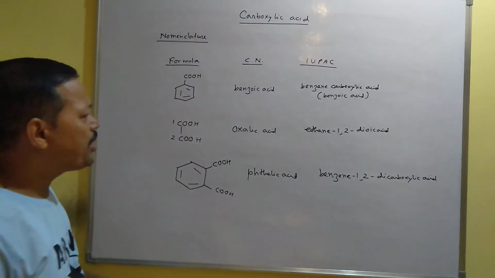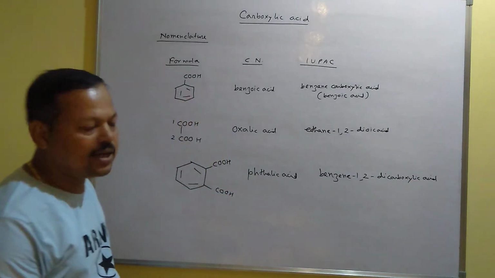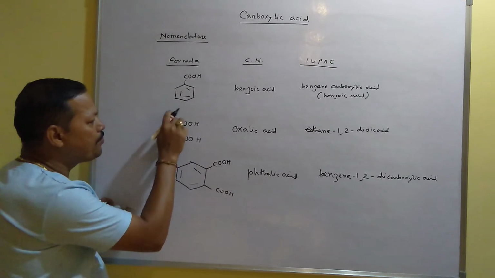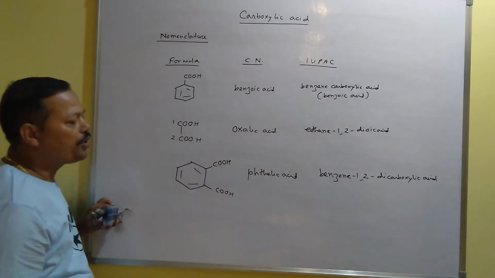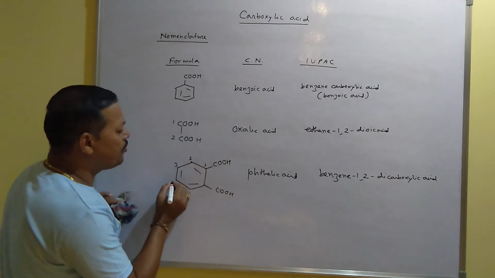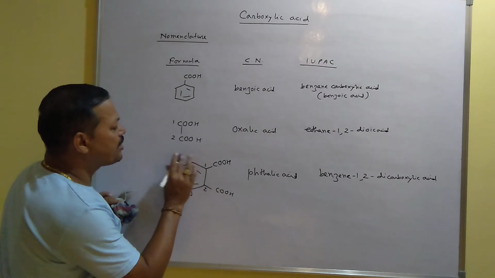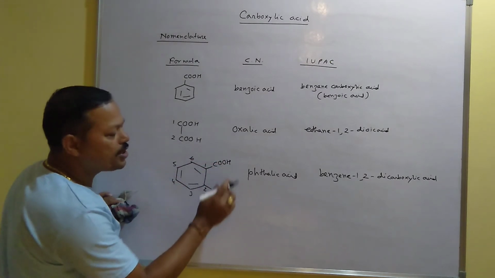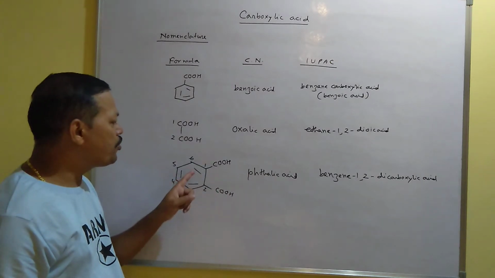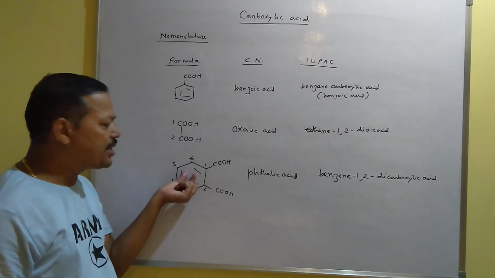So in some cases we are using oic acid, and in some cases we are writing carboxylic acid. Why is it like that? When you consider the carbon of COOH in your numbering, then you can write oic acid. But here we will do the numbering like this: 1, 2, 3, 4, 5, 6. Since 2 COOH are present, there is no need to number them. You have to number only the benzene carbons, and that is why benzene is your main chain.